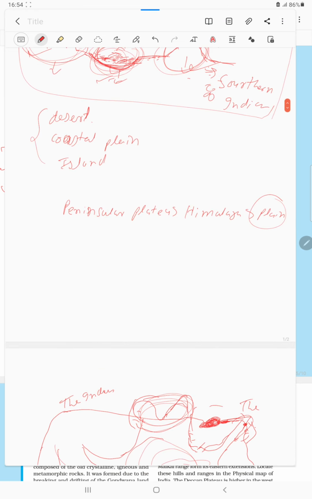Now let's see. Here is the Himalaya, suppose. When the river originates in the Himalaya, the speed of the river is very fast, swift.